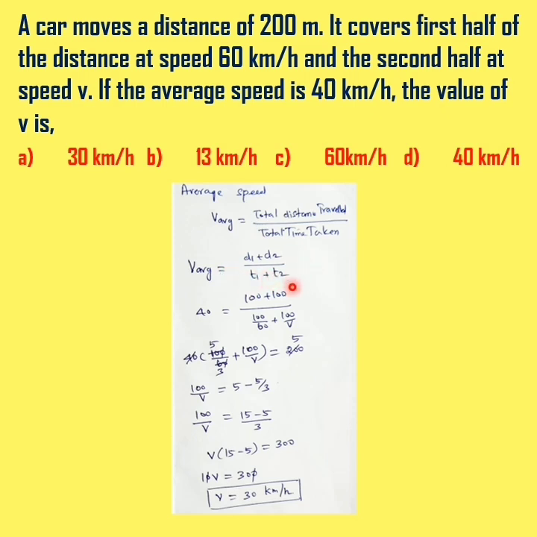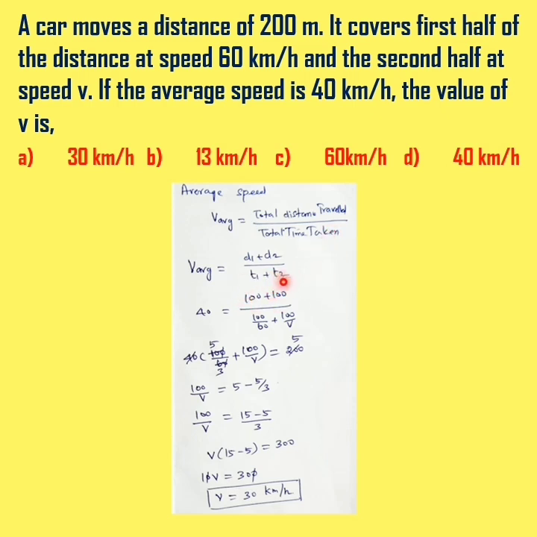We are splitting the total distance into two segments, because the car traveled with different velocities, and similarly the time taken to cover each 100 meter will also be different. Therefore, t1 plus t2 goes in the bottom.